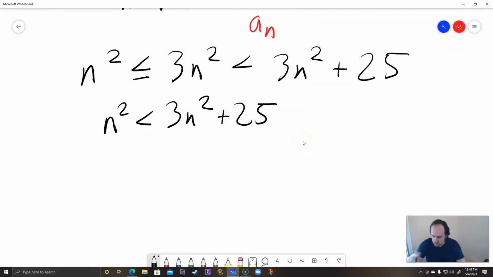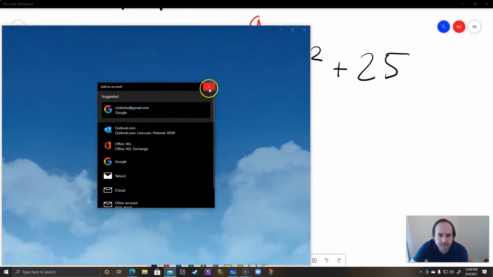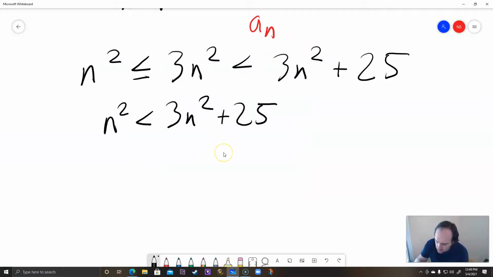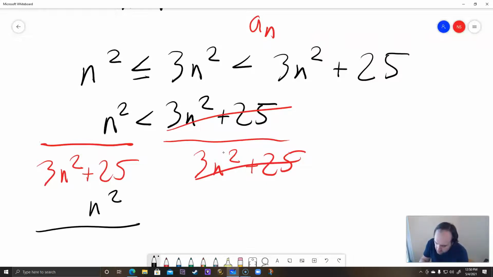In other words, here we're going to divide both sides by 3n squared plus 25. So on the right side, the 3n squared plus 25's cancel. So I get n squared over 3n squared plus 25 is less than 1.